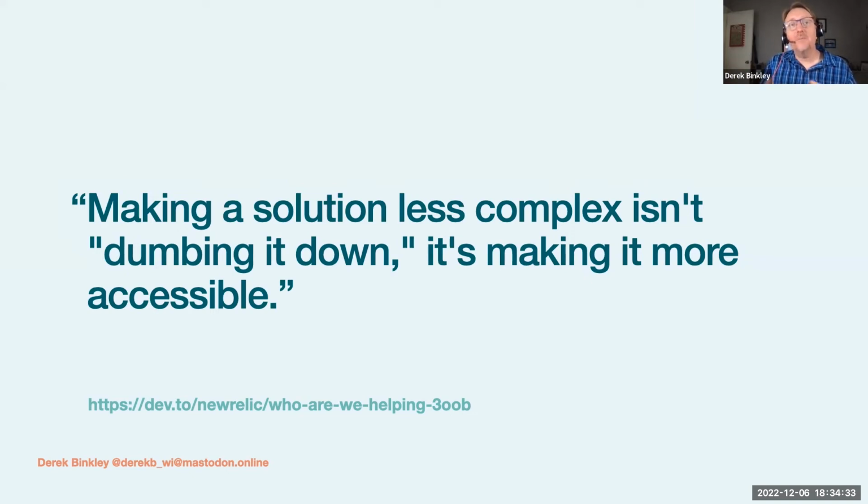And when they talked about their design journey, they said, okay, we had two different markets. We had the really complex sysops people who just know their stuff and know what they want to do and how to do it. And so we just need all these advanced tools to let them configure that themselves. But they also said, you know what?